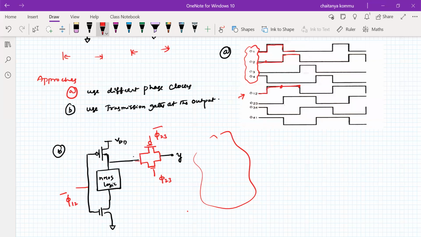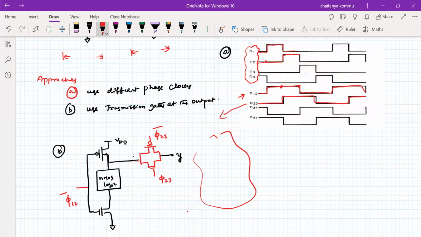Therefore, this clock is required for this one. Like this, we need to generate different clocks with different approaches, and choose the one more suitable to avoid this kind of scenario. This is what we have to consider in our structure.